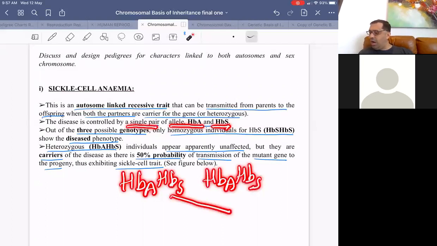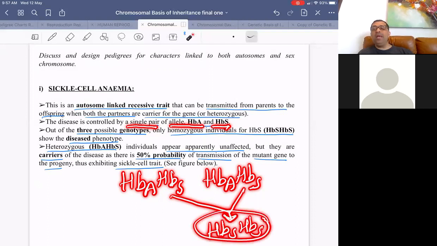Then there is a chance that they can pass HBS HBS to the next generation, and HBS HBS in homozygous condition is lethal and will cause death. So उसमें बच्चा मर जाएगा.